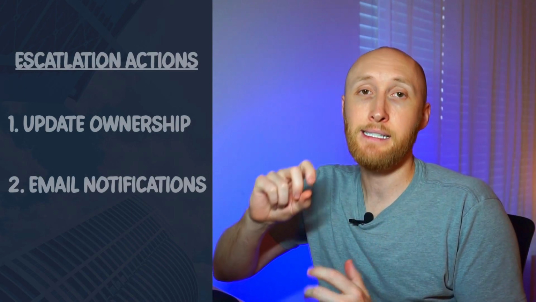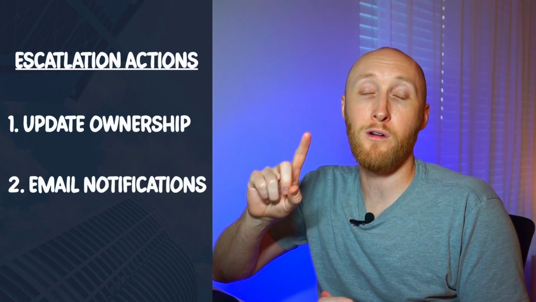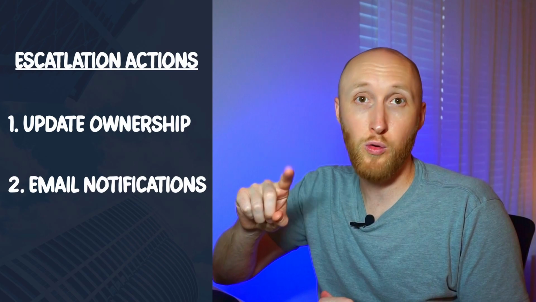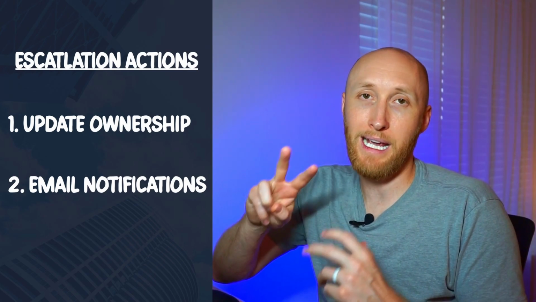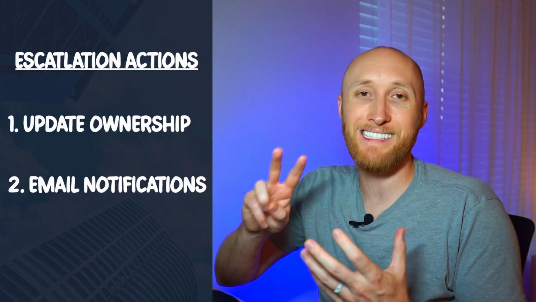And so Salesforce allows you to build in different case escalation rules, which allow you to do 2 things, and this is important. It allows you to either upgrade this case and send it off or assign a different user or owner of the case, as well as send off emails to case owners or maybe team leads.